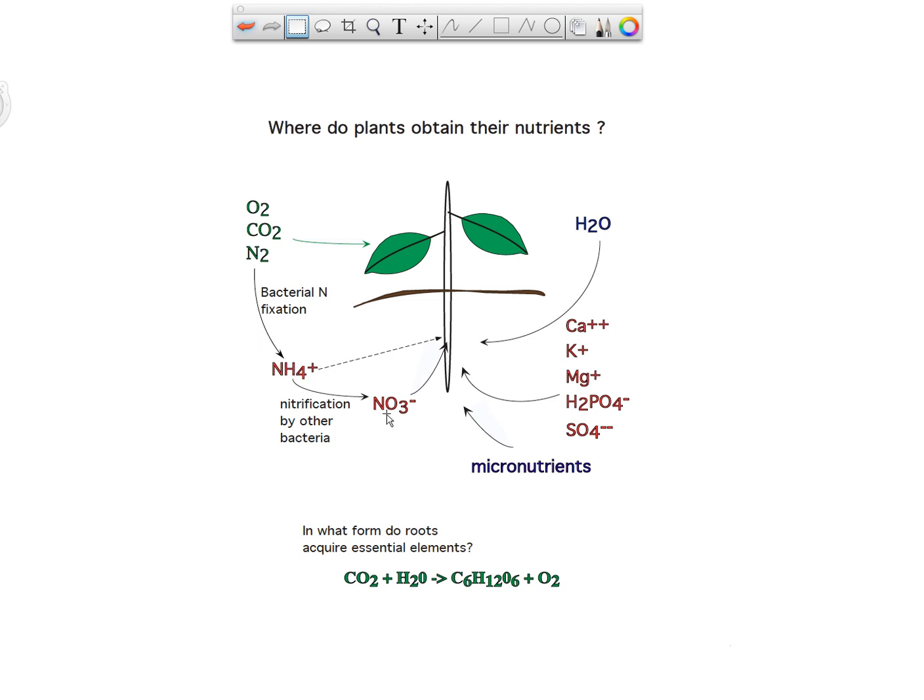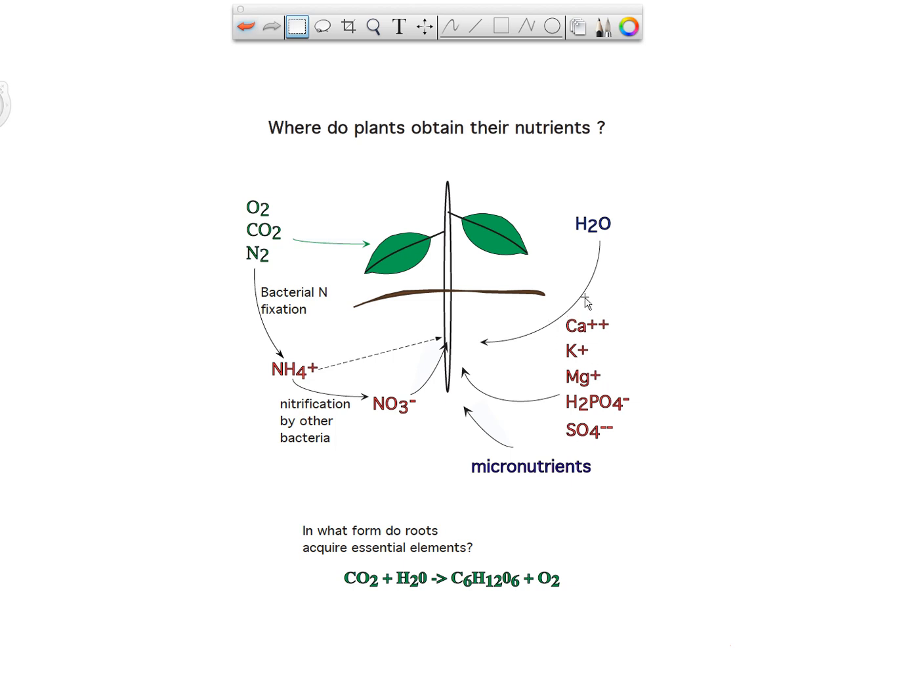So ammonium and nitrate are the two common forms of nitrogen-containing nutrient for plants.